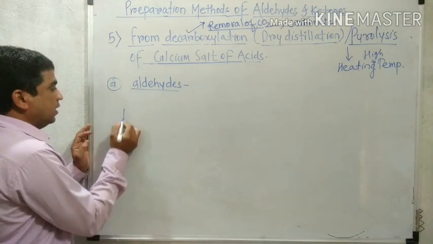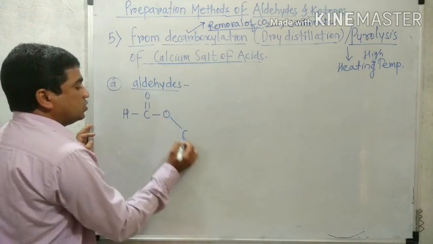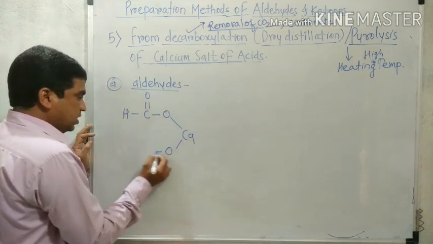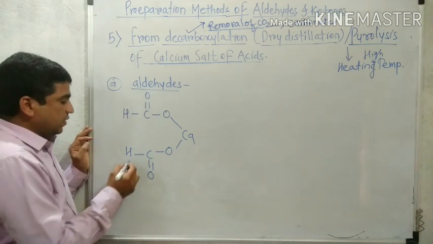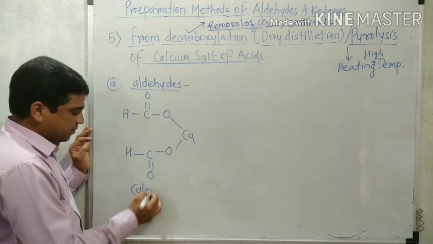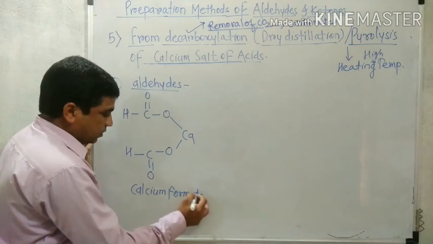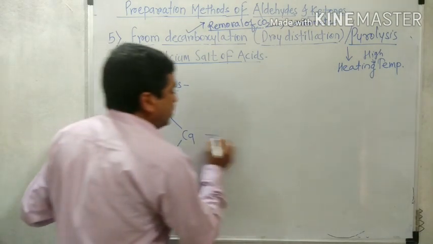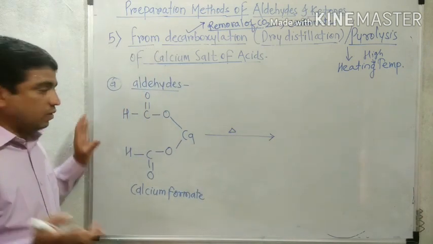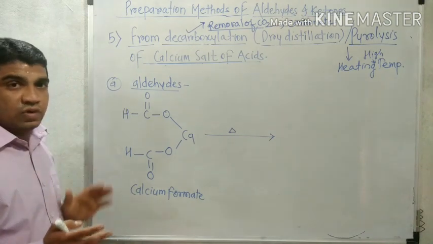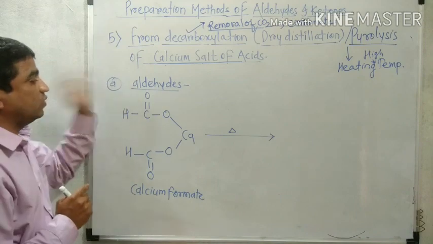For example, HC double bond O single bond OCa, OC double bond OH, this is the structure of calcium formate. There are two options: only heating of calcium formate, or a mixture of other calcium salt with calcium formate, that gives aldehyde.